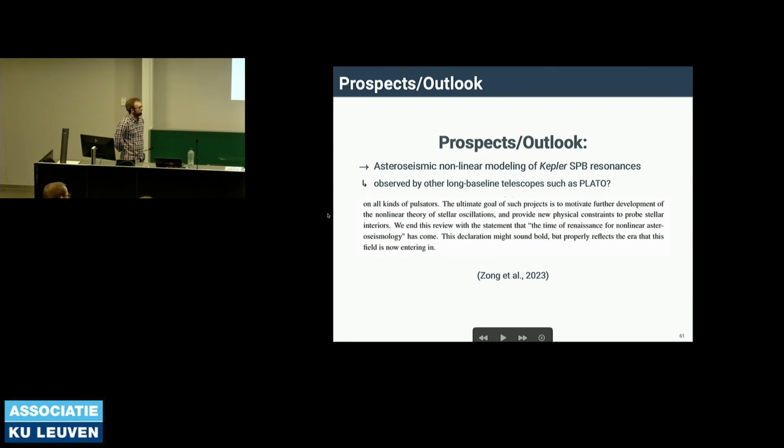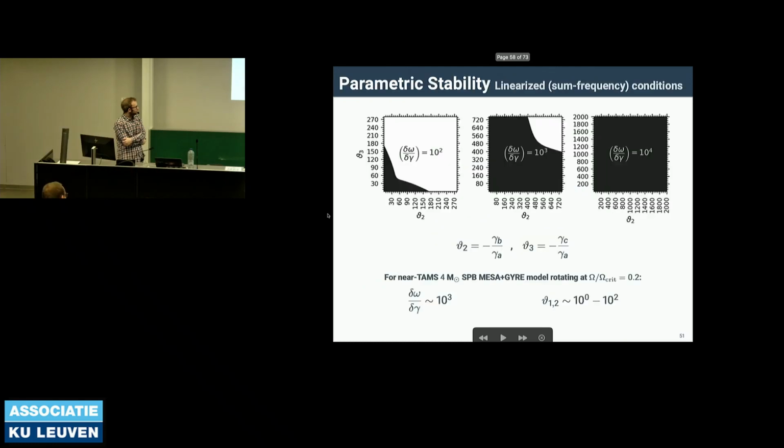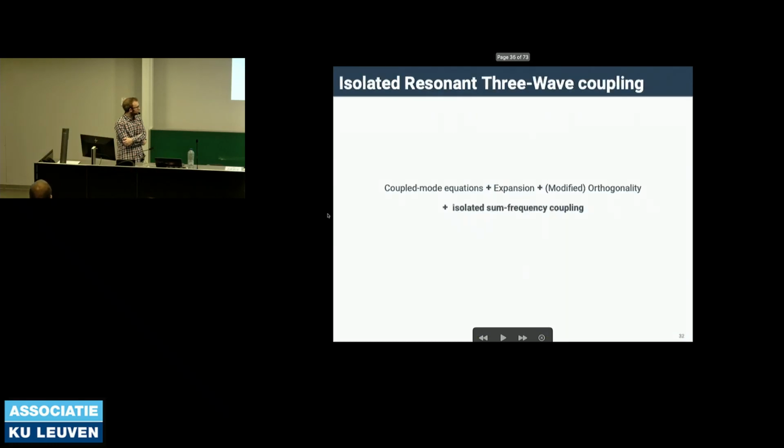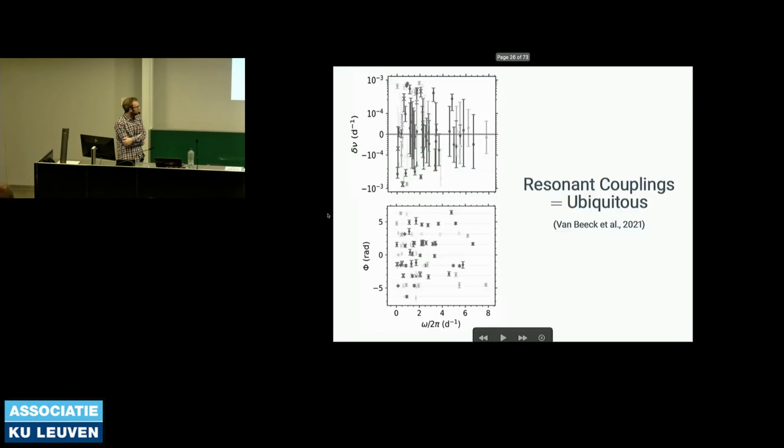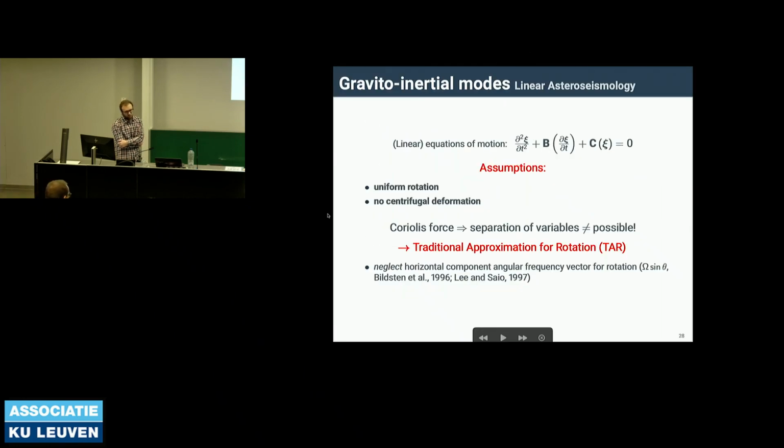But yeah, the current theory is, we're using the traditional approximation for rotation, which should be okay up to, let's say, 60% critical rotation.